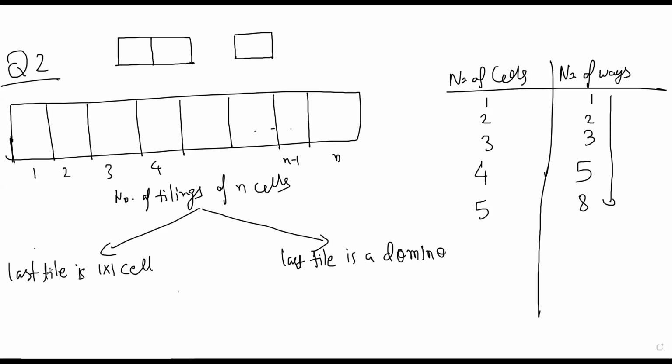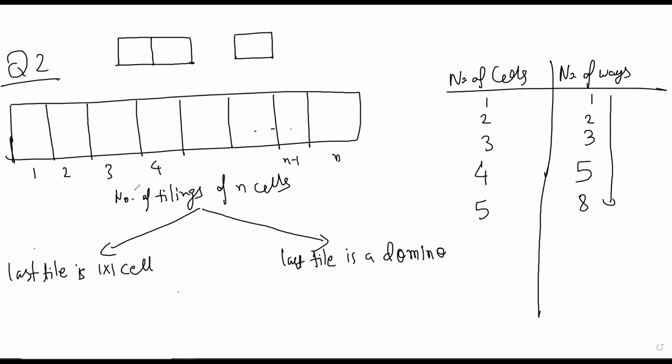Try to do these reasonings. Just seeing the pattern is not enough. You have to find a way to explain that pattern. You can do it in your own way, but this is how we did it last time. It's similar. So the last tile is a 1 by 1 cell, or the last tile is a domino.